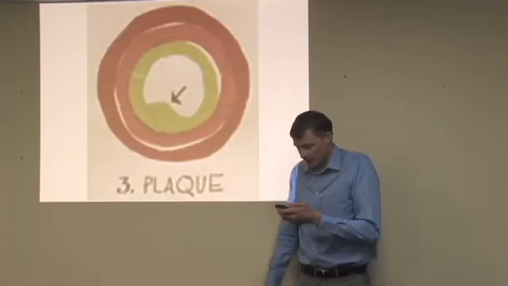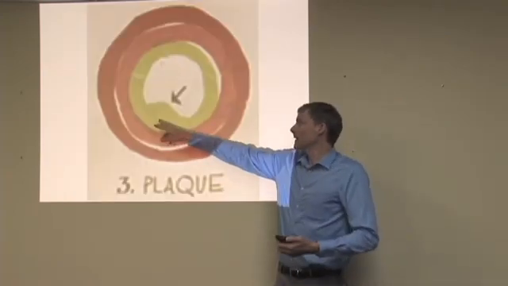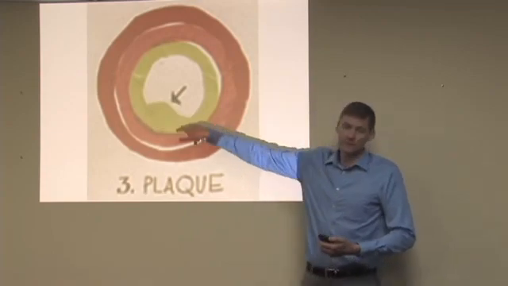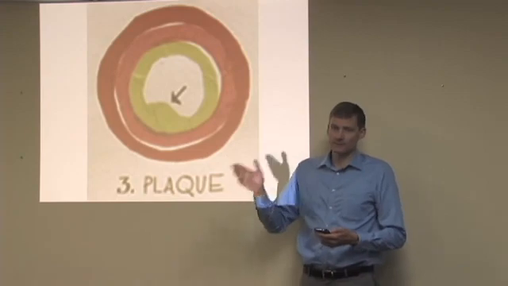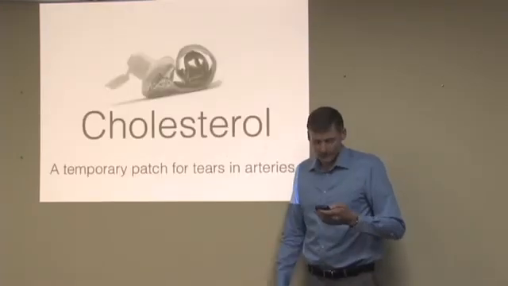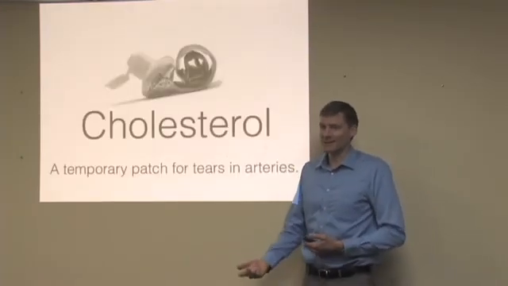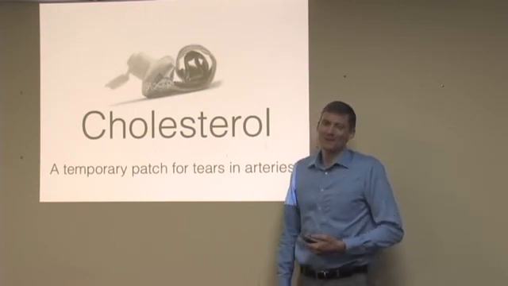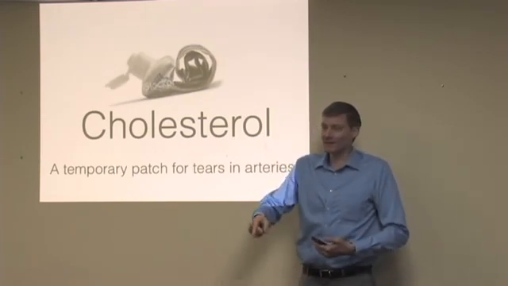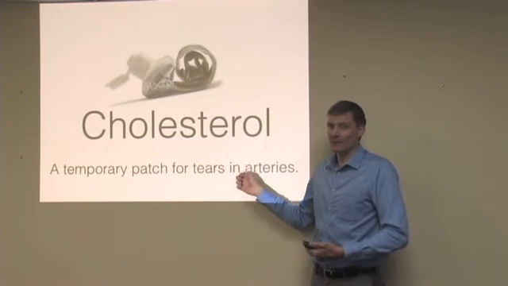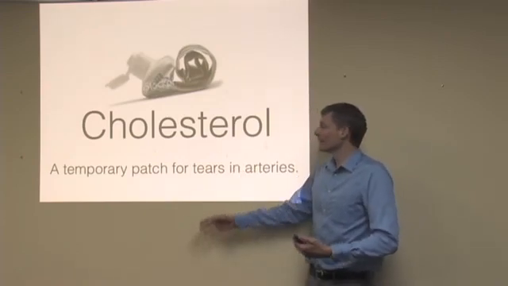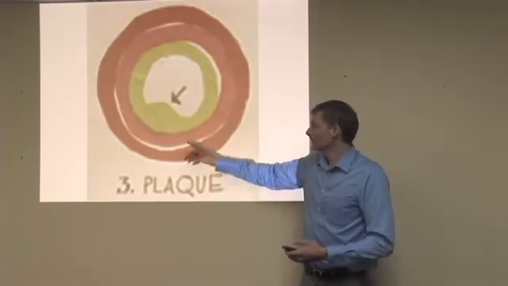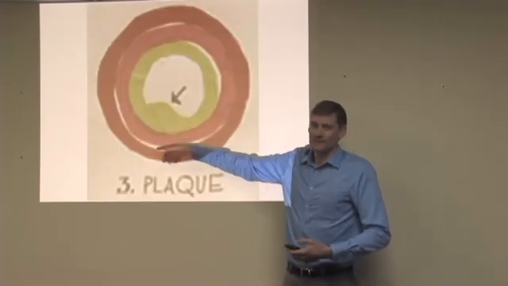All right, moving on. So now you got this tear, and then this plaque forms where the tear occurred. Now what is the plaque? The plaque is cholesterol. Cholesterol is toothpaste in the wall of your cheap apartment that you're trying to paint real fast. Cholesterol does not belong here.